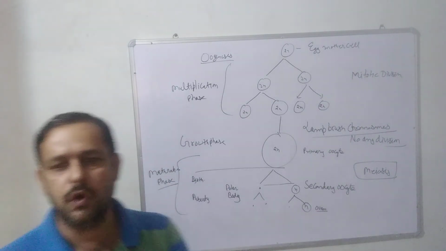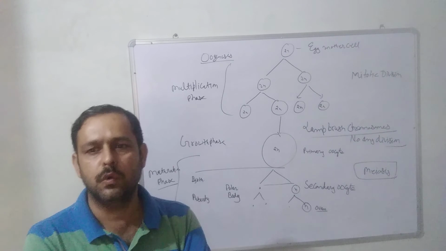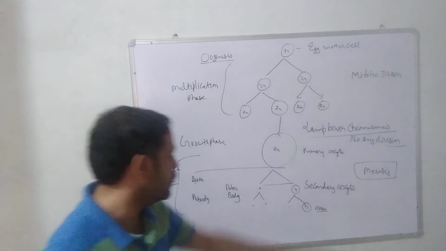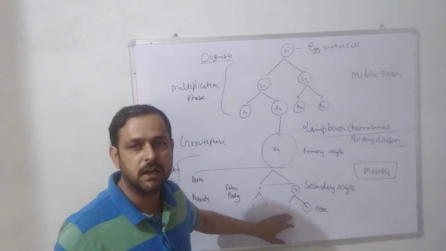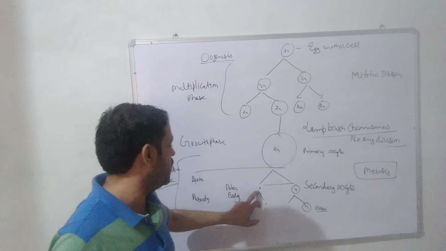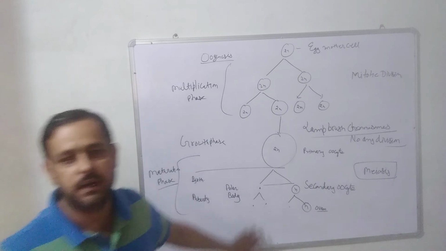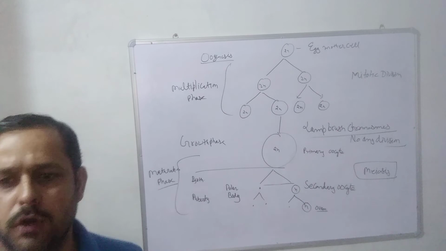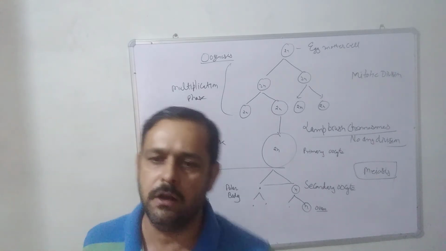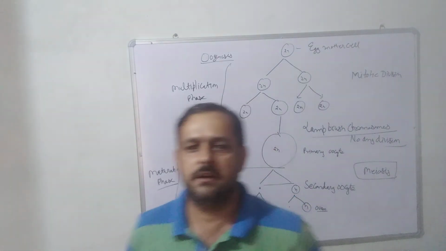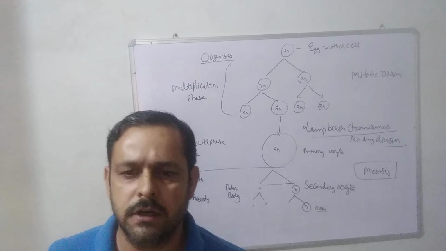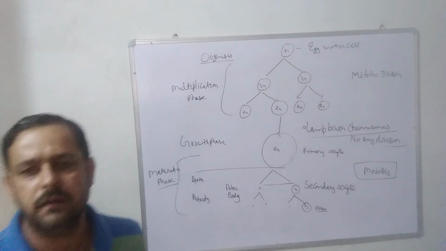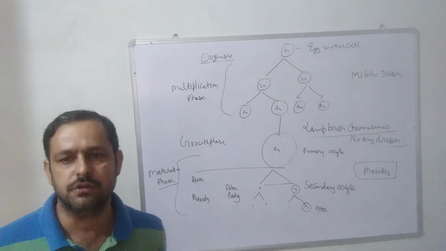The resulting large yolked daughter cell is called the ootid, or actual ovum, and a second polar body is formed, and the first polar body is also divided into two polar bodies. Only the ovum takes part in reproduction. The rest of the polar bodies do not take part in reproduction and are finally destroyed.